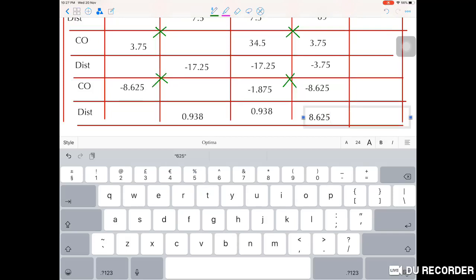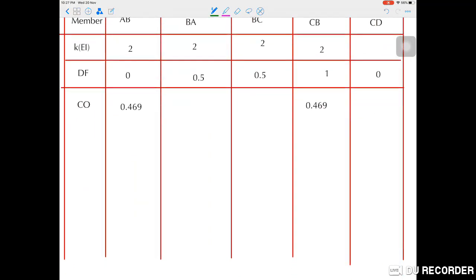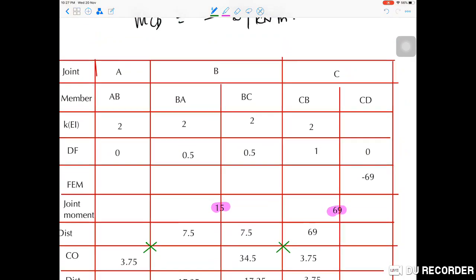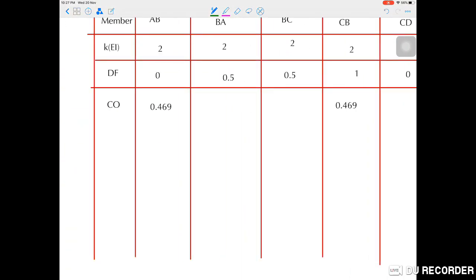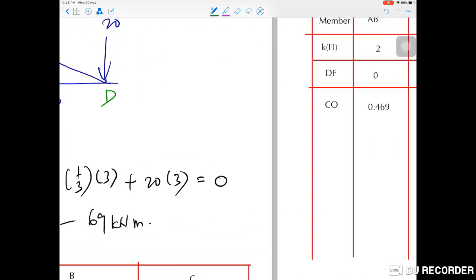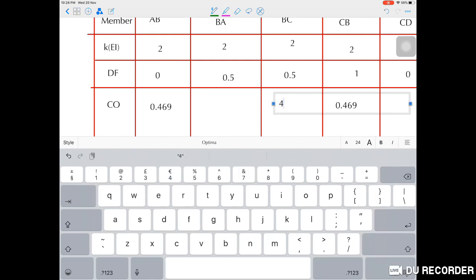Carry the value 8.625 divided by 2. Okay, all is positive. This is 4.313.